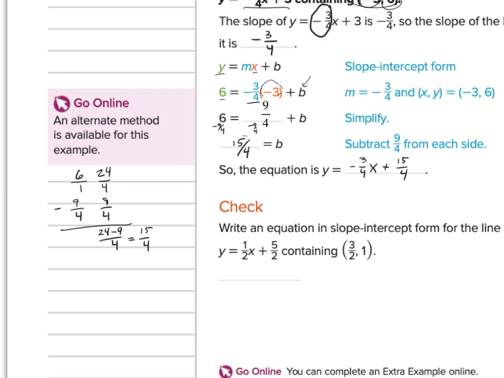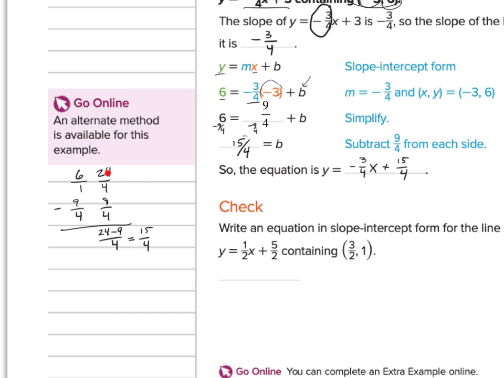So here, I subtracted 9/4 from both sides. 6 minus 9/4. The old school way is 6/1 minus 9/4. In order to subtract fractions, you have to have the common denominator. So a common denominator between 1 and 4 is going to be 4. If I multiply 1 times 4, I have to multiply the 6 times 4.